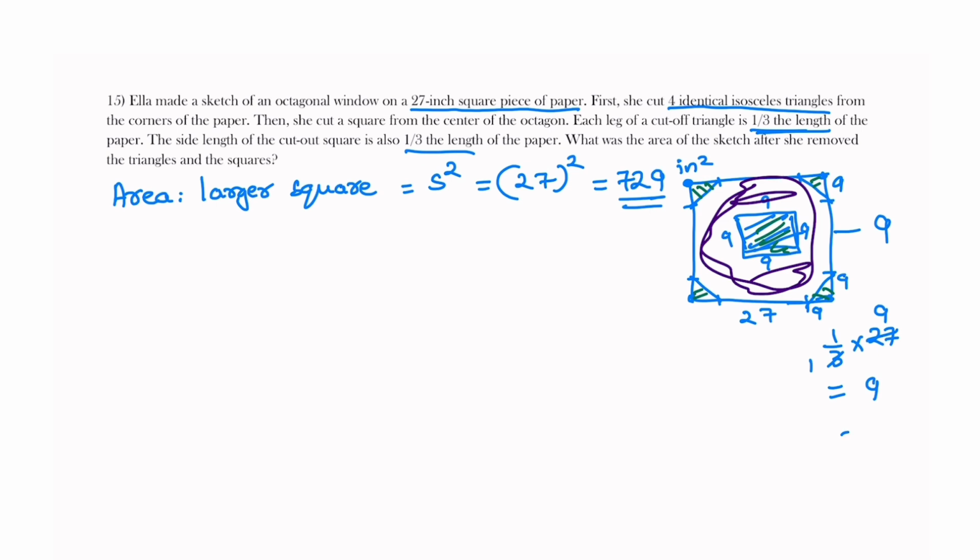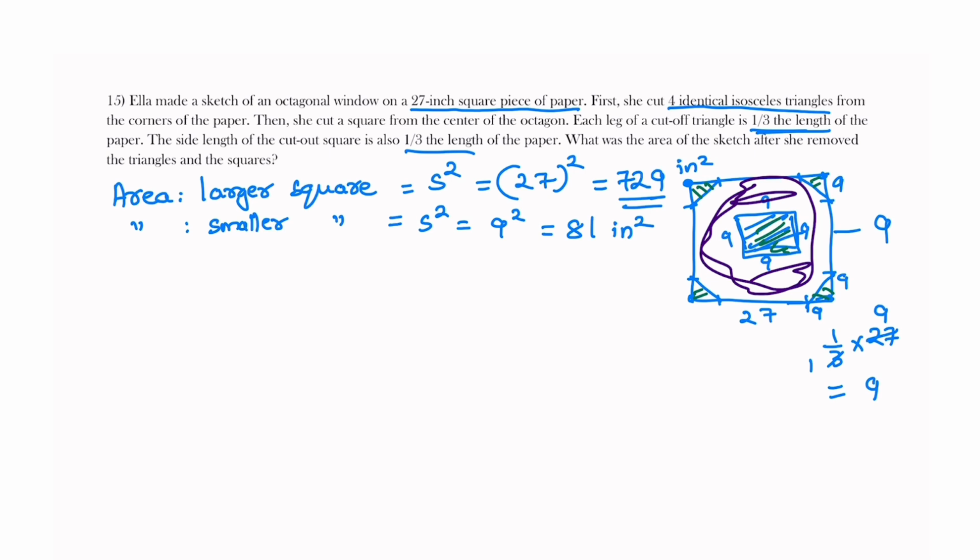You can do 27 times 27 over here and get the answer 729, but I'm not doing that because I already know that. Then the next, what are we going to find? Let's find the area of the smaller square, the square that is inside. Again, the formula remains the same, side squared, and the side of that one is 9. So 9 squared, which is 81 inches squared, the units.